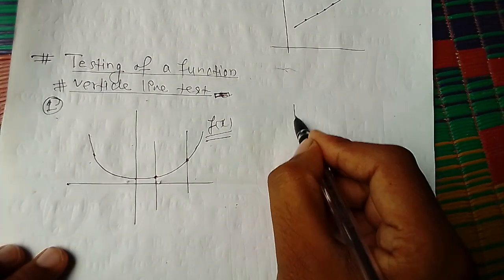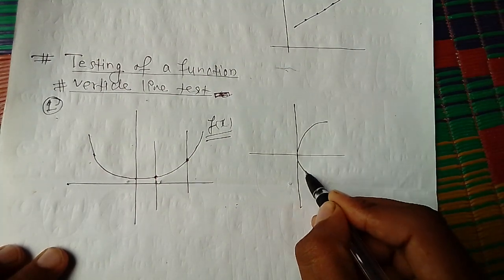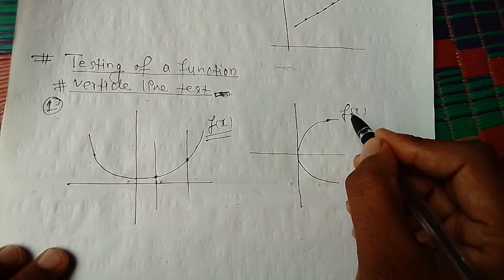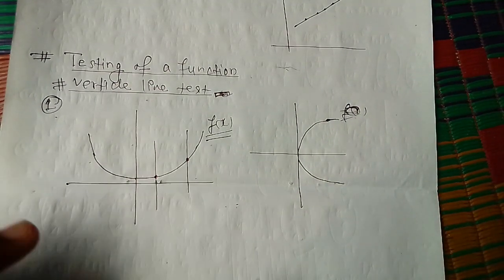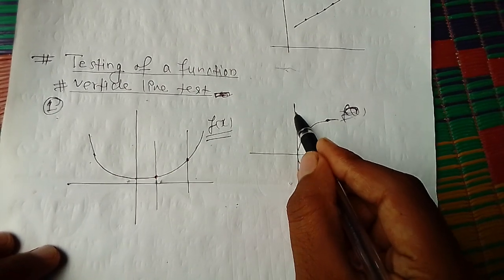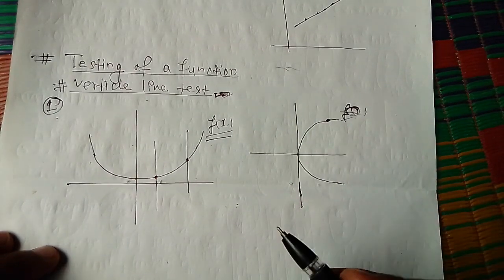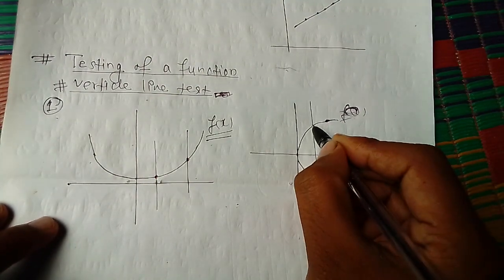In the same way, suppose this is a curve. If we draw a line here, it meets at one point. But if we draw here, it meets at 2 points.